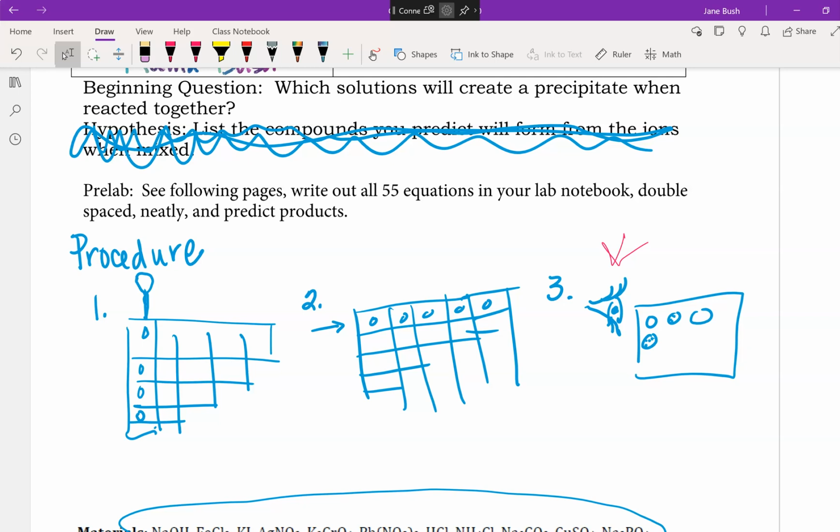We got like 3 days. It's hard. You have a ruler.